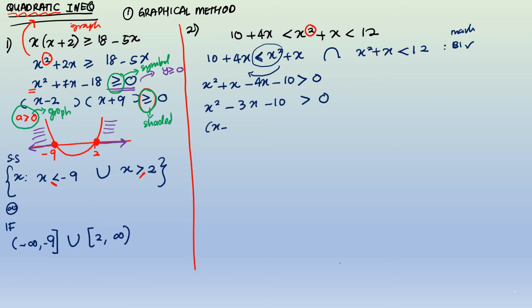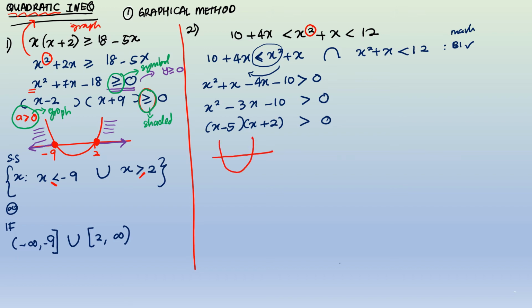So we have x minus 5, x plus 2 greater than 0. Here, because it is quadratic inequalities, you need to draw the graph.